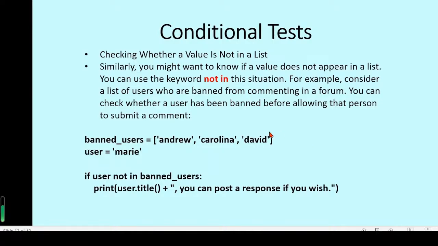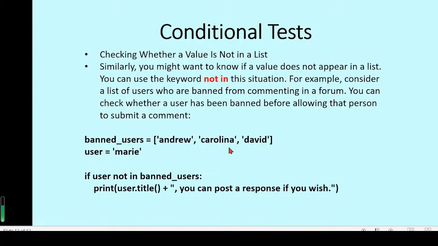And you can also check whether a value is not in a list. Similarly, you might want to know if a value does not appear in a list. You can use the keyword not in this situation. For example, consider a list of users who are banned from commenting in a forum. You can check whether a user has been banned before allowing that person to submit a comment.